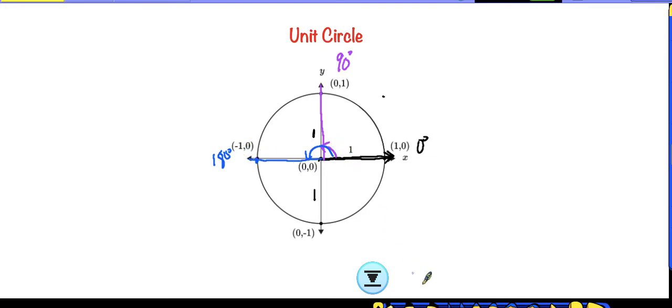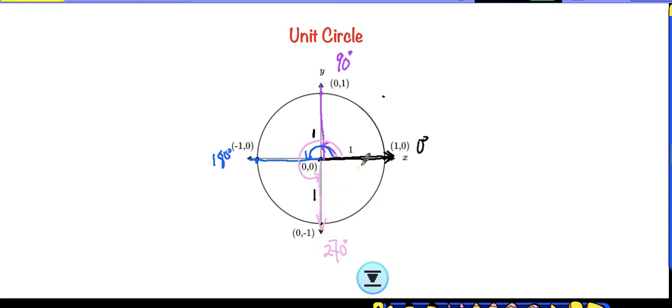And if we continue, this is 270 degrees. When you draw 270 degrees here, it intersects the circle at 0, negative 1. So that's why 270 degrees has coordinate 0, negative 1.